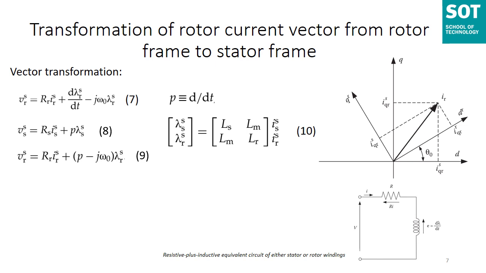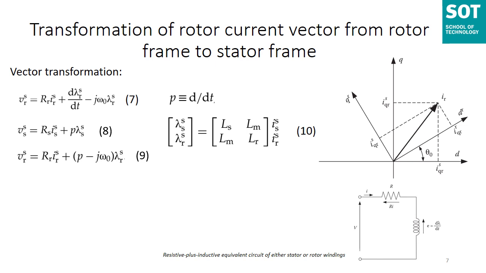Now, we have got the expressions of lambda SS and lambda SR, which are dependent upon ISS and IRS from equation number 10. And also from equation 8 and equation 9, we get the expression for voltages in stator and rotor referred to the stator.